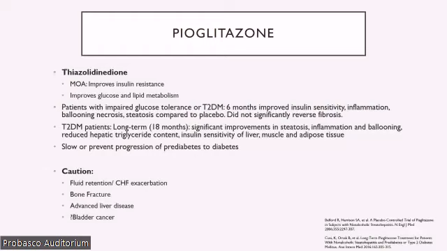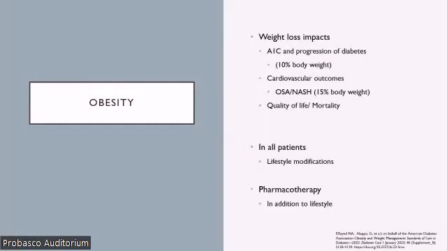Patients that were on it saw significant improvements in steatosis, inflammation, ballooning, and insulin sensitivity. So exciting things, because we don't really have a ton of medications indicated for NASH, but it is a pretty severe disease state for patients and concomitantly seen with diabetes frequently. That's it.